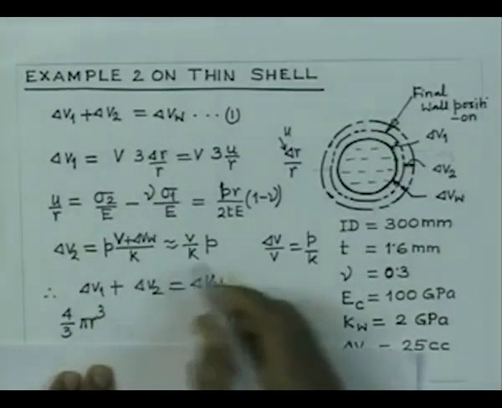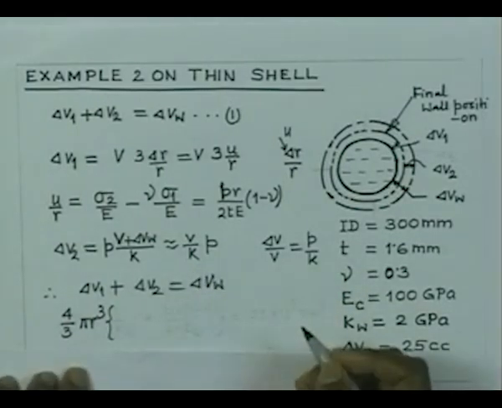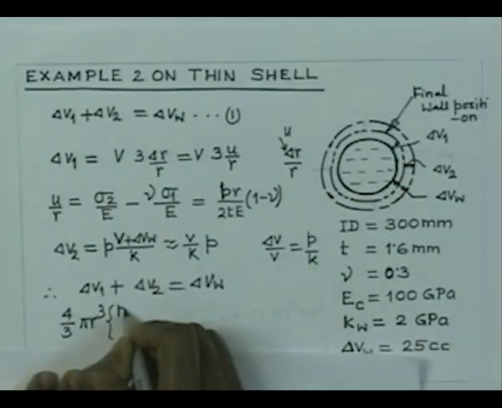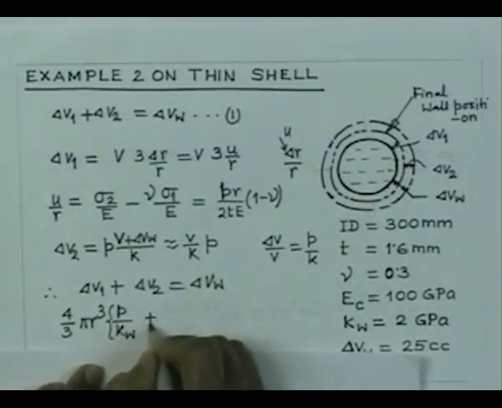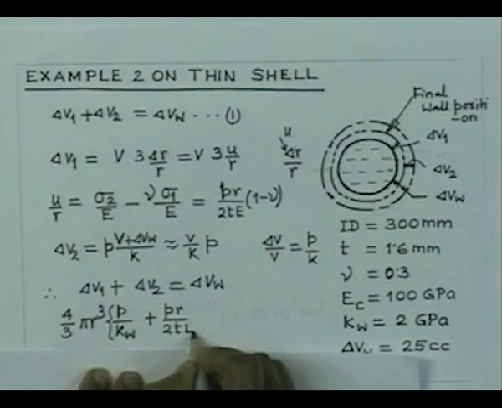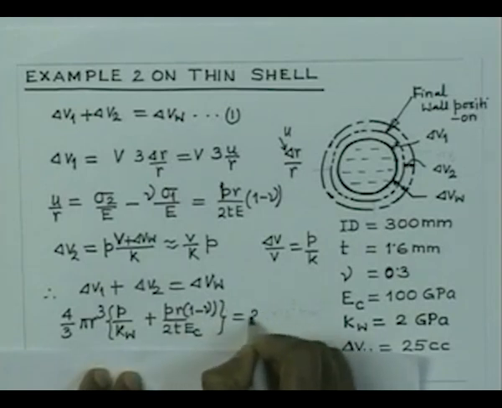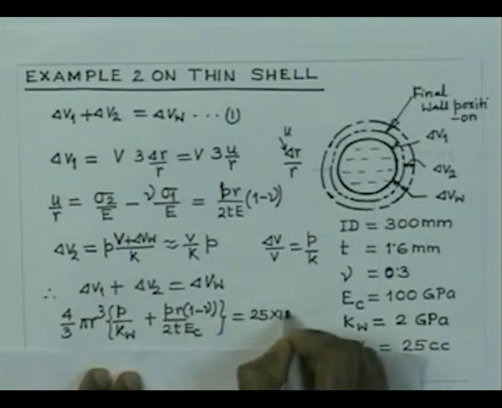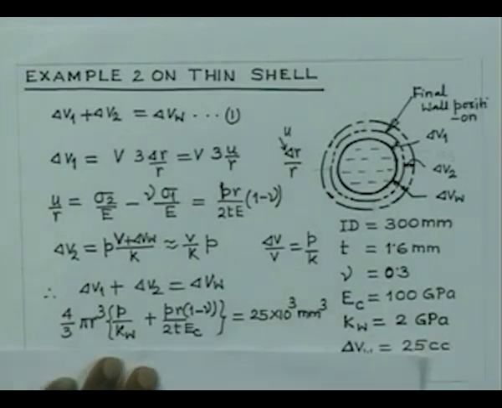So, I am writing that to be common, and that multiplied by the pressure P by K, bulk modulus of water, plus PR by 2T E of copper multiplied by 1 minus nu, that is equal to VW, which is nothing but 25 cc, which in millimeter unit is 10 to the power 3 millimeter cube.